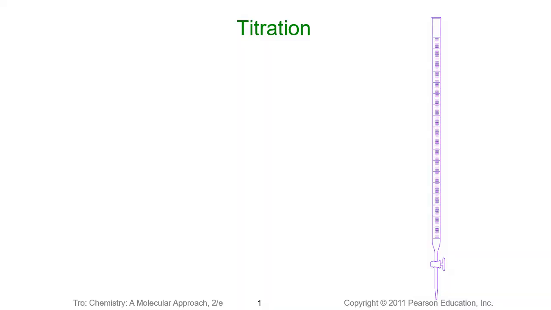A titration is a special lab technique where we can find out the concentration of an unknown solution using a known solution. Typically, we do this with acids and bases, but there's lots of different reactions that we can determine with a titration.